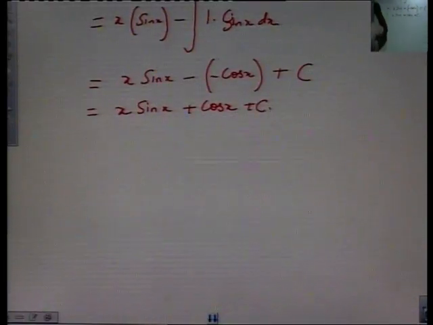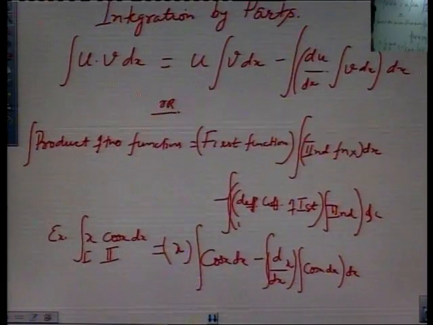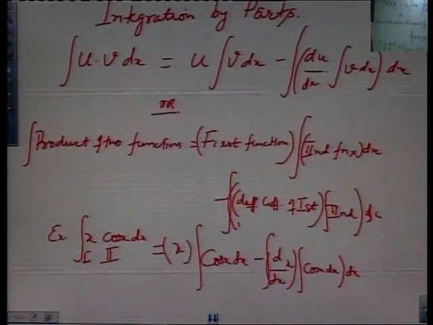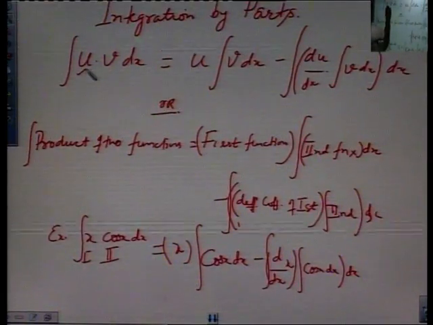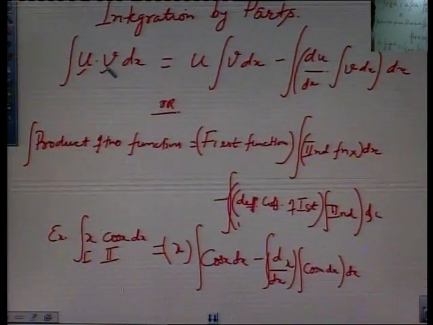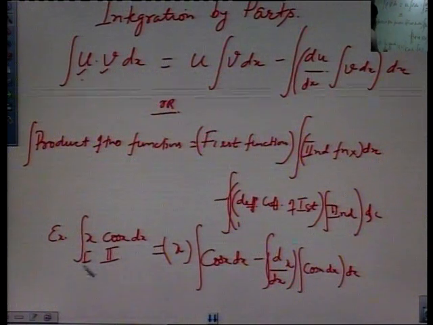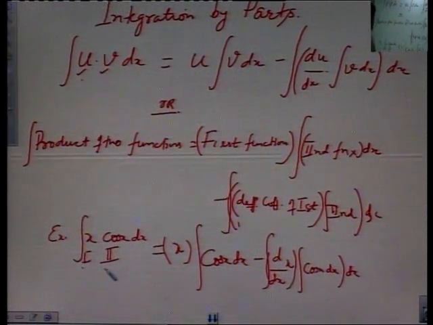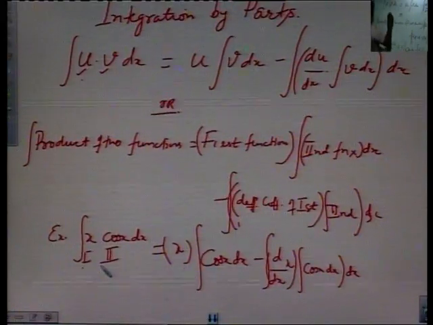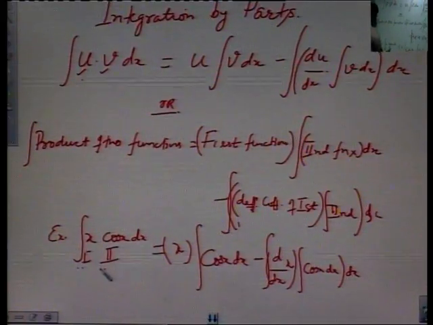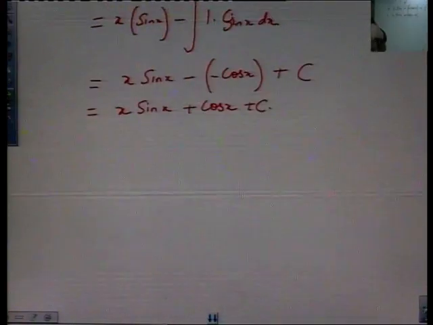But if we go back, the main question is, out of the two functions, that is u and v, which one we have to take as our first function and which one as our second function? Well, students, before discussing that, let me give you a method.